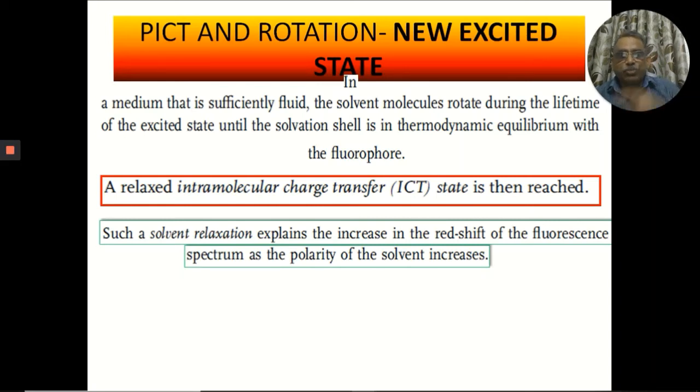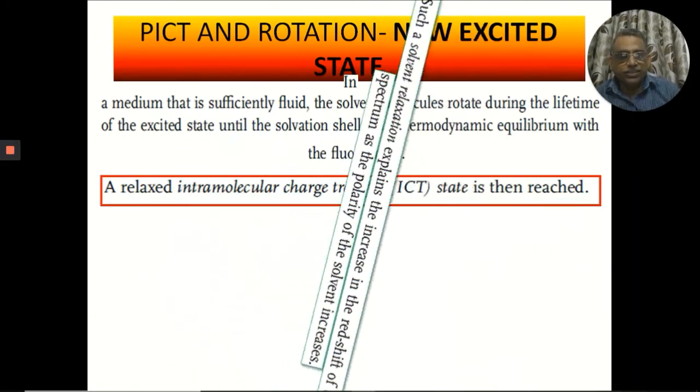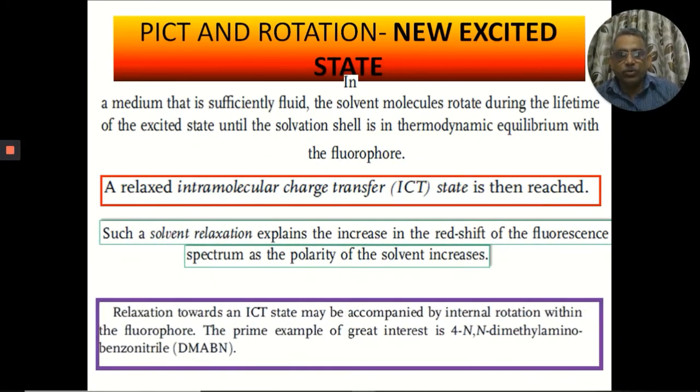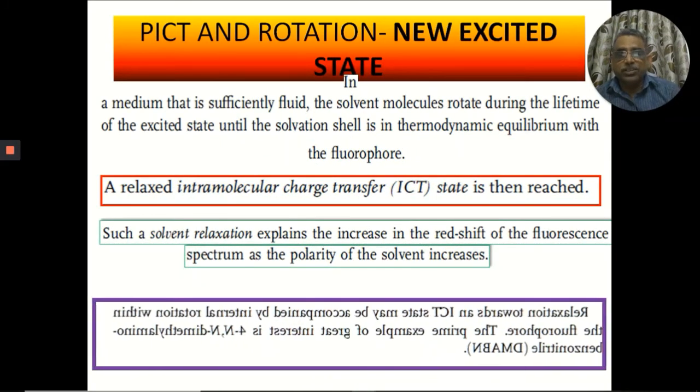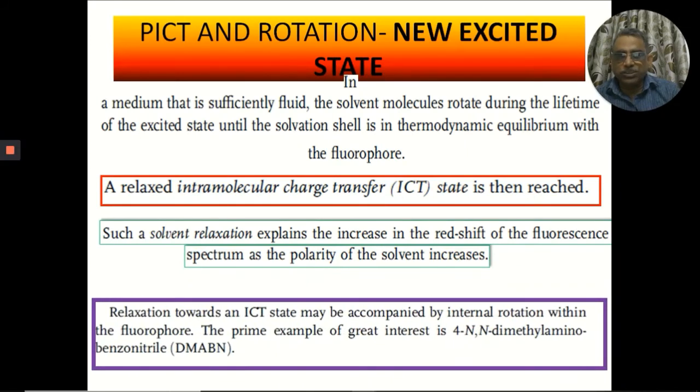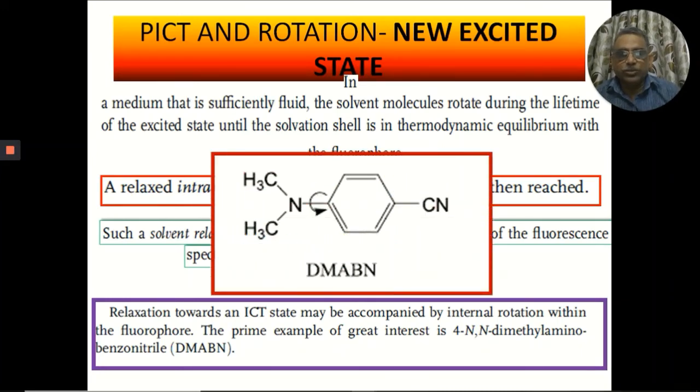This is a very important phenomenon associated with charge transfer and solvent relaxation, and you can see such a relaxation-oriented, rotationally coupled charge transfer state in a molecule like DMABN, dimethylaminobenzonitrile. In the structure you can see the N-dimethyl group, which is responsible for the rotation.